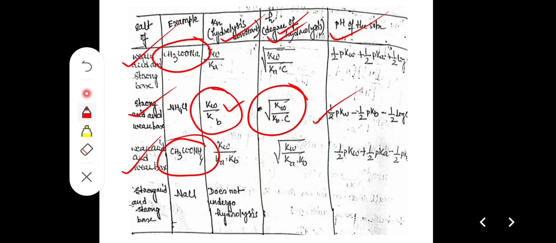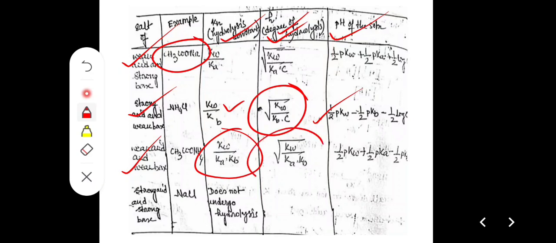This is an example, but there are lots of other examples. Kh is Kw by Ka into Kb, h is root over Kw by Ka into Kb, and the pH of the solution is half pKw plus half pKa minus half pKb.